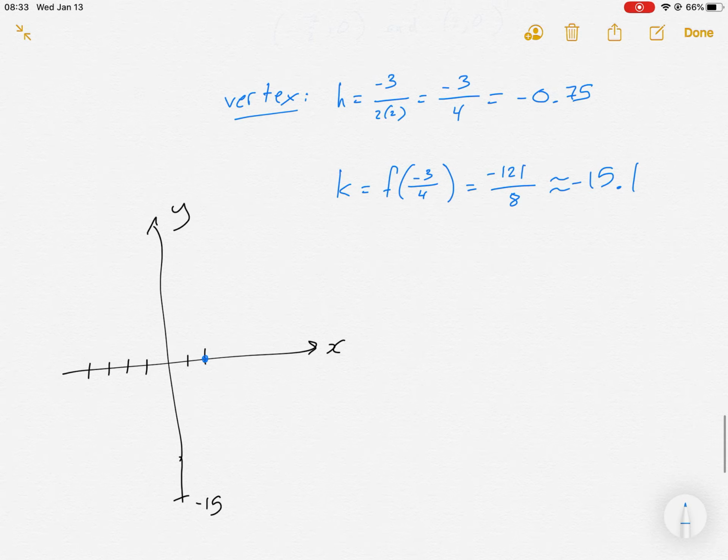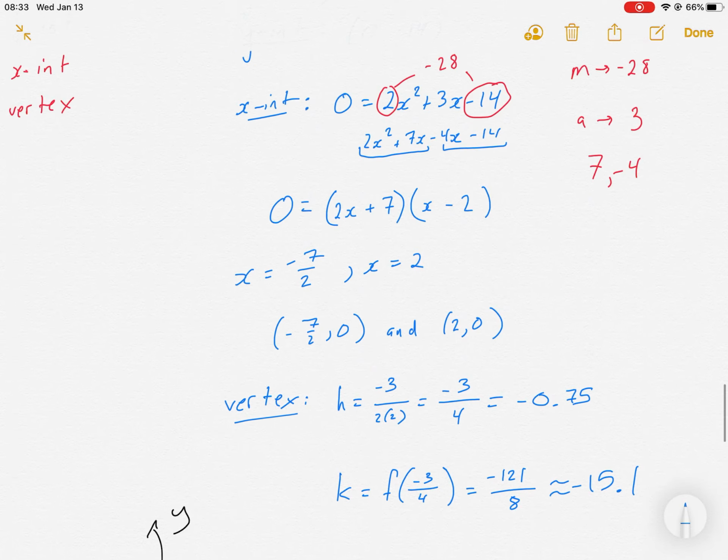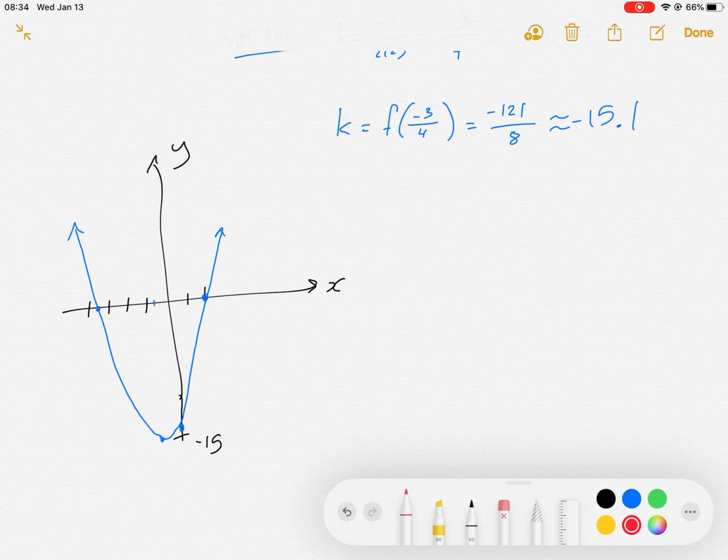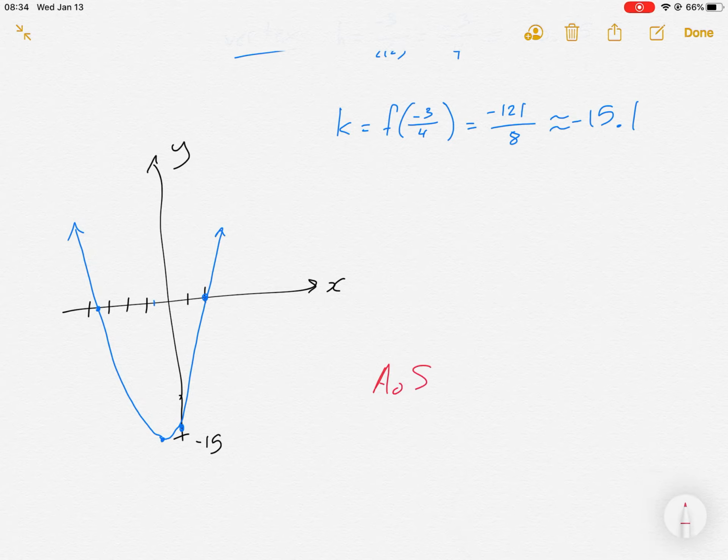X-intercepts are 2 and negative 3.5. The y-intercept was negative 14, so probably right about there. And then my vertex is maybe around there. And the axis of symmetry, if I ask for this. So there we have it.